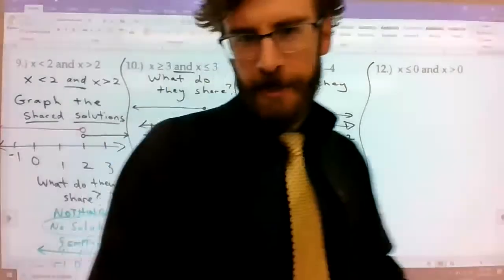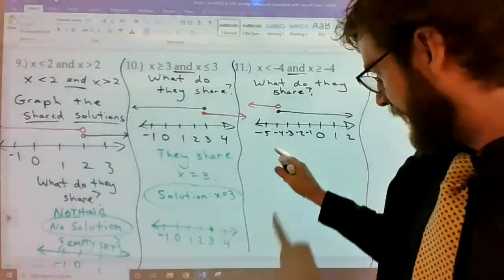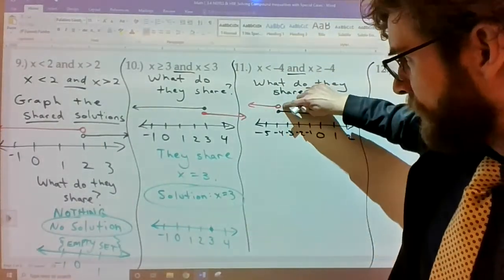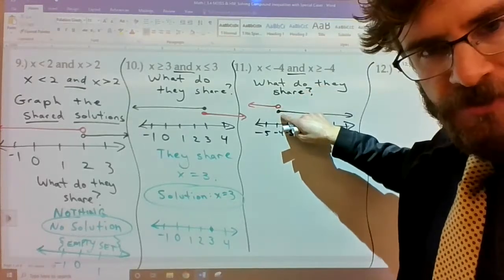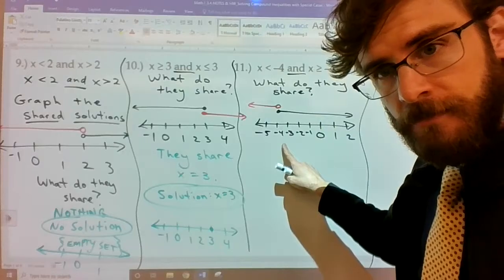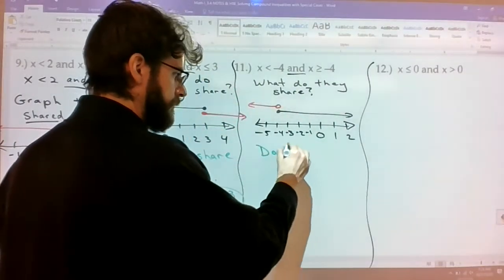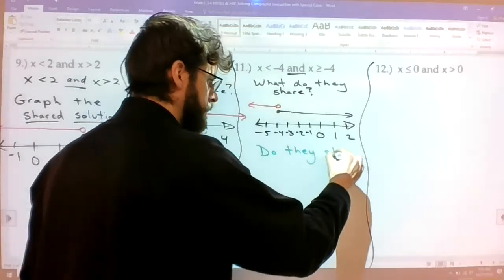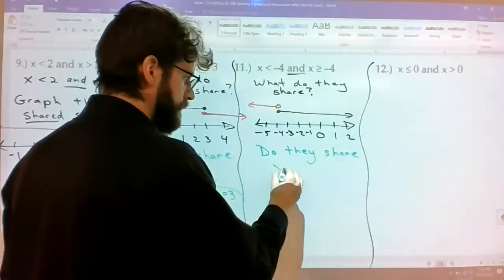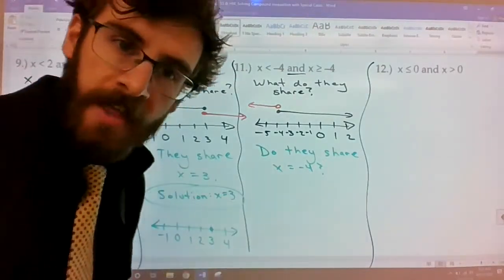So what do you guys think? The only place where they could potentially overlap is at -4. One of them's open, one of them's closed. Do they share that spot? They do not.